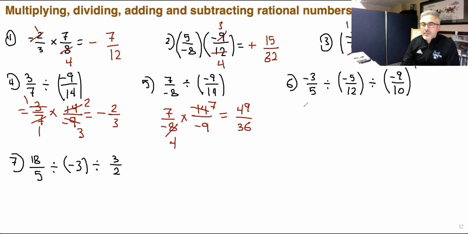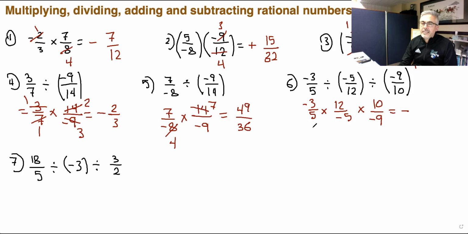Here, the same thing, you rewrite this. And so you get negative 3 over 5 times 12 over negative 5 times 10 over negative 9. You have 3 negatives, so it's an odd number of negatives, so the answer should be negative.